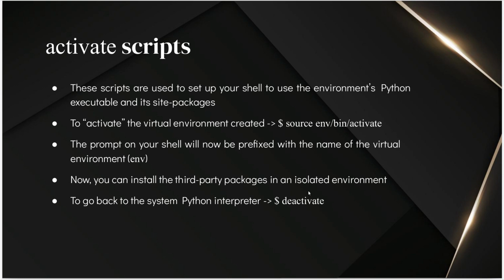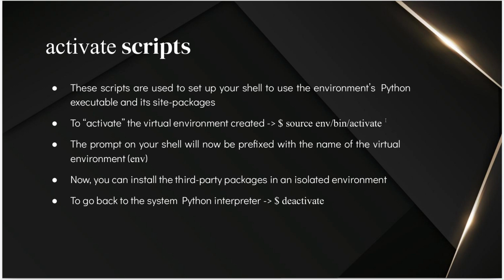Okay, now going back to the activate scripts. These are the core scripts that you will use to be able to use the virtual environment that you created. The way to use your virtual environment is very simple. On your command line, you type the word source, space, the path to the activate script.